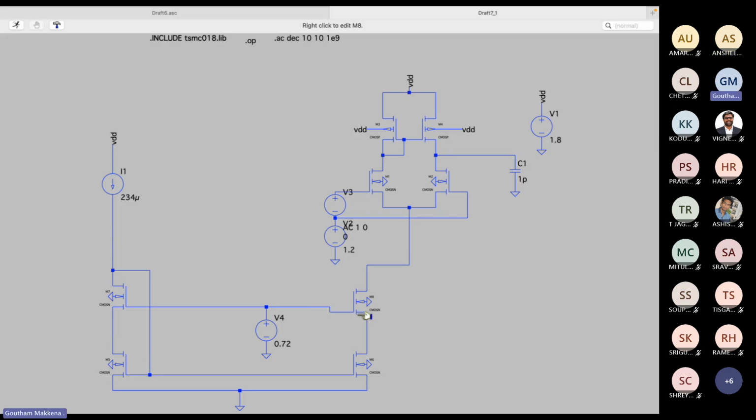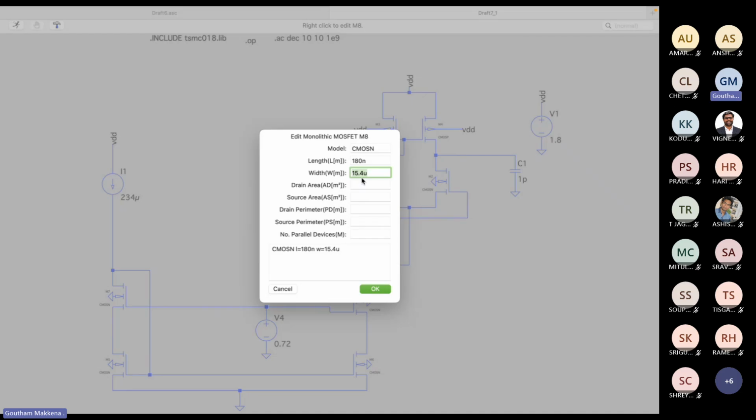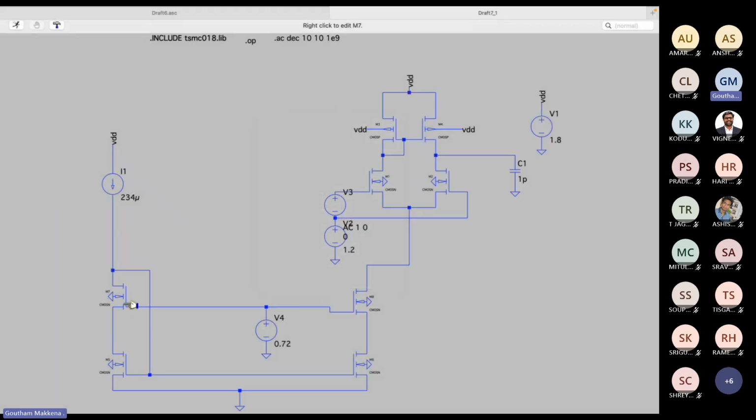But this suffers from what? Body effect. We don't know the VTH because the body effect depends on how much potential this source node is at. But we go ahead with the VTH value of 500 millivolts and we get the same values, so 15.8 micron and 15.8 micron.